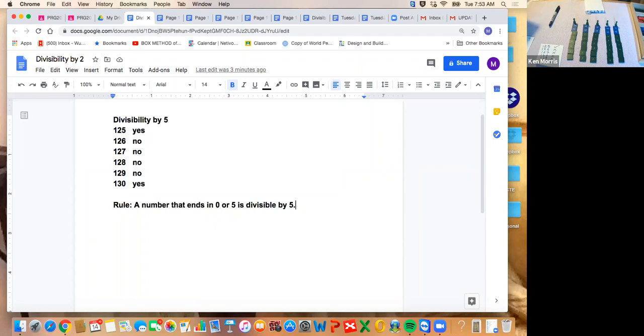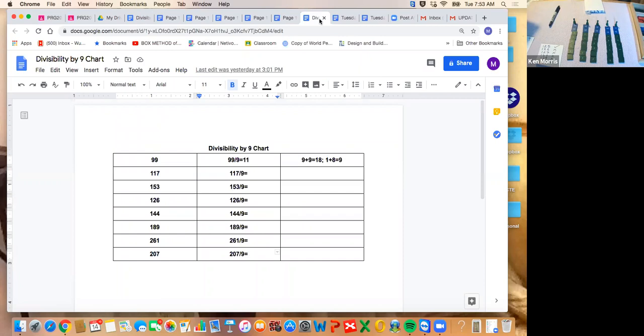So divisibility by 9. Let me just pull up, what page do we have? Page 124. Let's see if I can find it. Okay, I don't seem to have it, so I'm going to just do some stuff here.